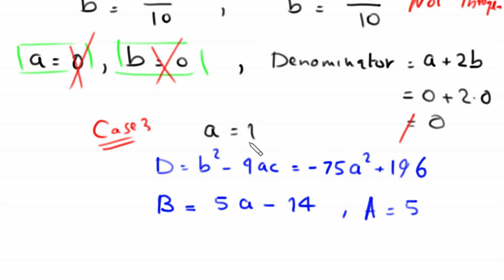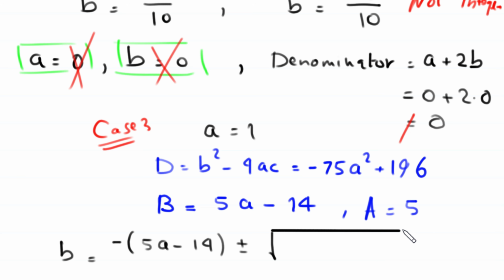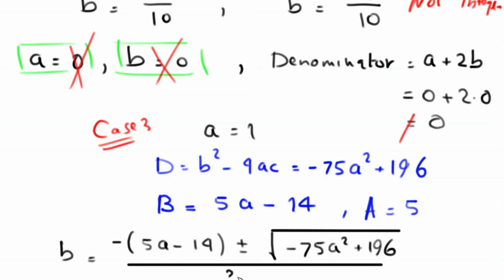So when a is 1, according to the quadratic formula, b will be equal to negative 5 times a minus 14 plus or minus the square root of b squared minus 4ac, which is negative 75 a squared plus 196, divided by 2 times a, which is 5.